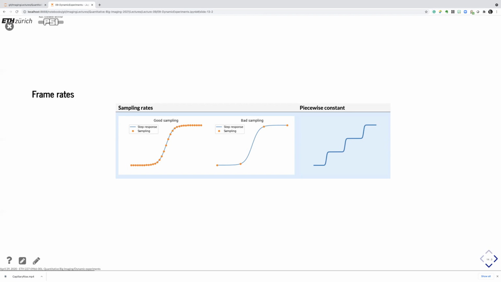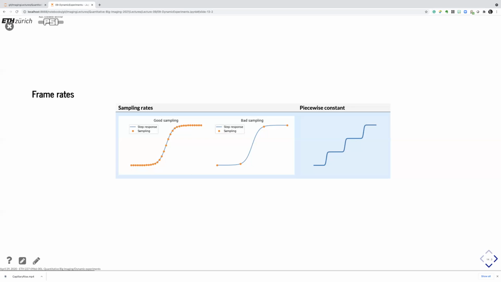An option which has been used in cases when people can't get the frame rates needed is to work with piecewise constant. So if you can control your process, then you go to one level where it is stabilized into a steady state, do your measurement as long as it's needed, and then you ramp up going to the next level, and you continue like this until you have some kind of ramp or step behavior that you can follow.